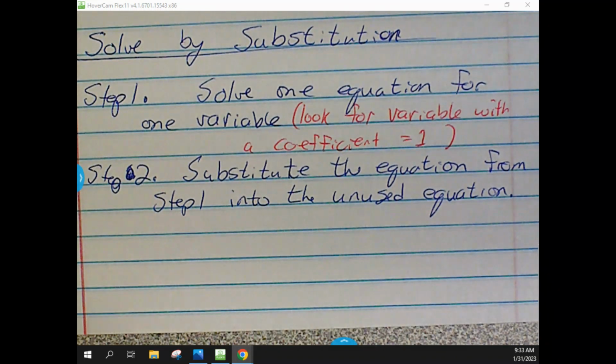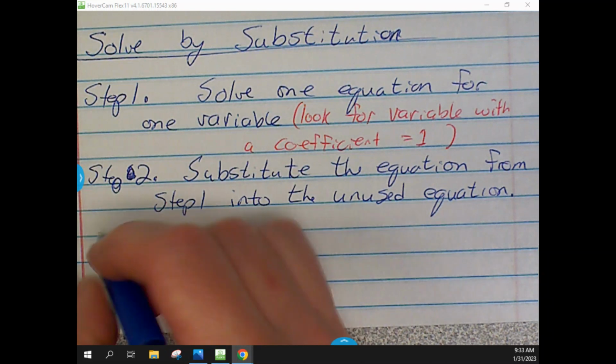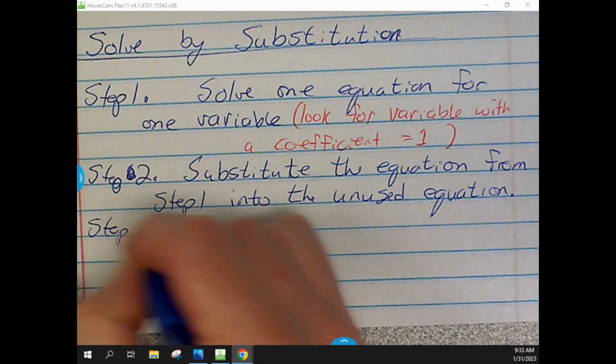Because right now we've taken one of the equations and solved it for one variable. There's one equation we haven't done anything with, and that's the part we have to do the substitution with. And then after that, the rest of it is basically doing the same thing we were doing before.